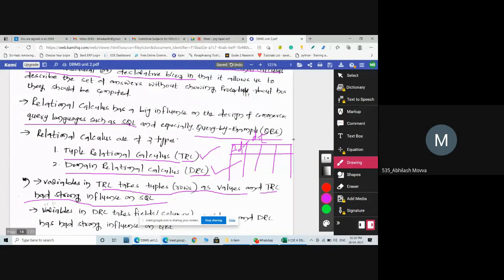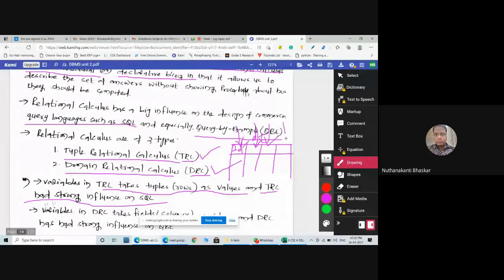Yes, sir. That is called a domain. The data type of the attribute is called the domain. I discussed this topic clearly earlier. Now clear? Yes, sir. Domain is nothing but the attribute data type. Now domain relational calculus is going to concentrate on what? Columns.